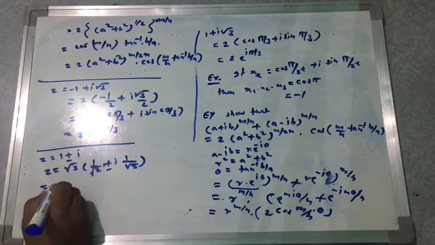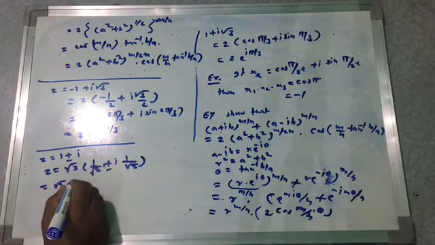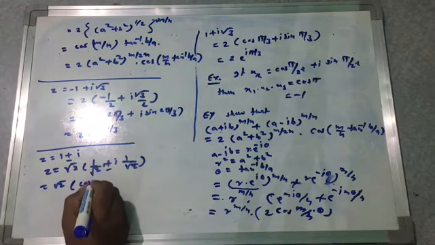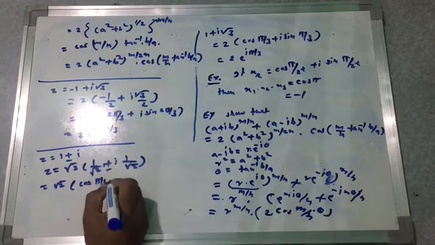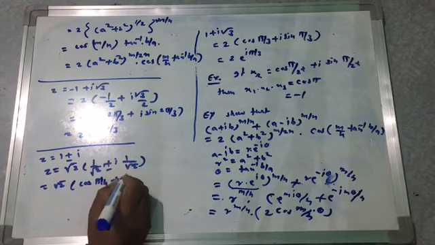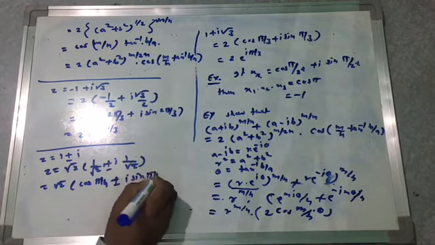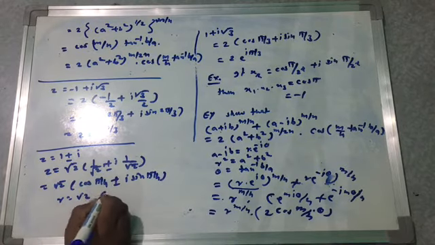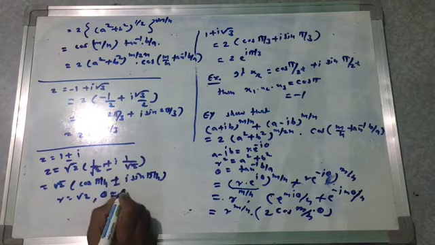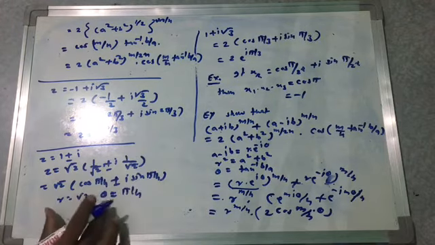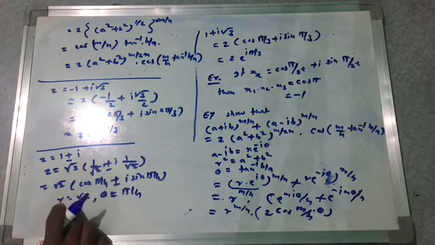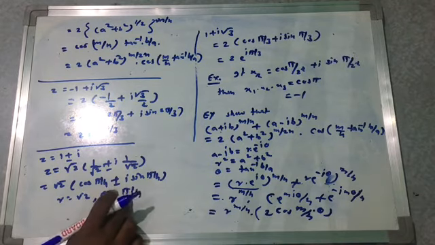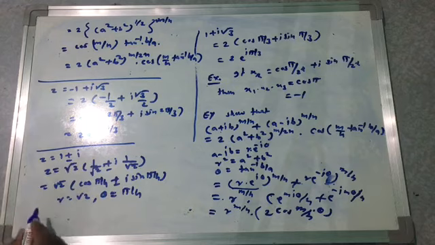This is equal to root 2 into (cos pi by 4, that is cos 45, plus or minus i sin pi by 4). See, r is equal to root 2 and theta is equal to pi by 4. The polar coordinates we can calculate: hence r is equal to root 2 and theta is equal to pi by 4. In this manner we have the result.